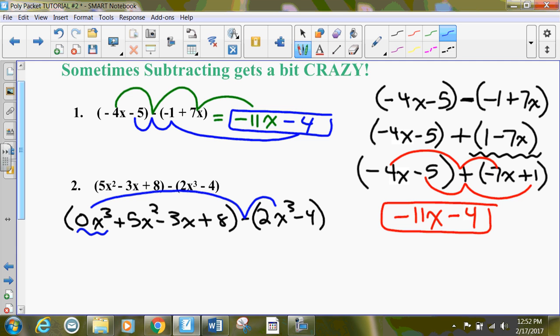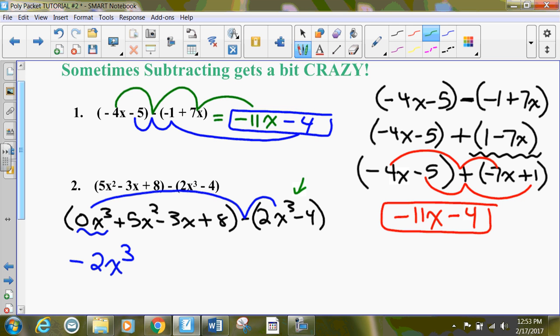If I put 0 minus 2 in my calculator, I'm going to get negative 2x cubed. And then I notice when I move to my 5x squared, is there any 5x squared over here in this binomial? No. So it's just 5x squared. We don't subtract anything because there's not another x squared to subtract.